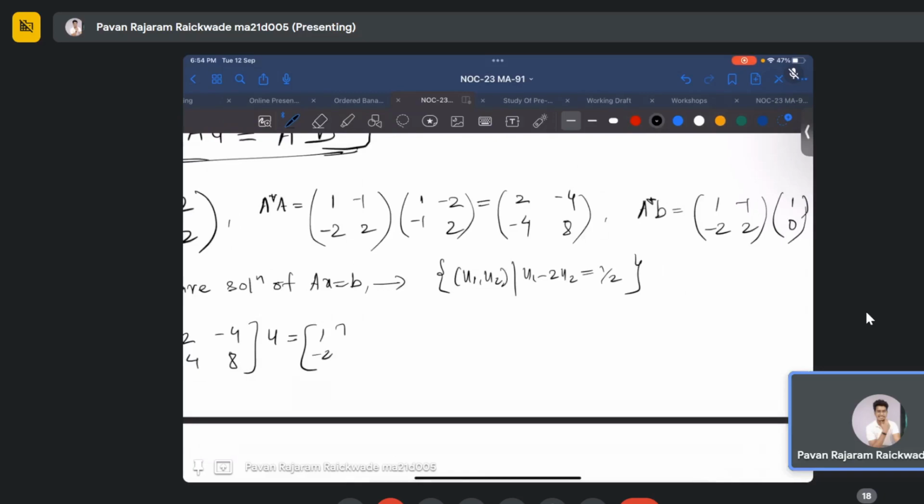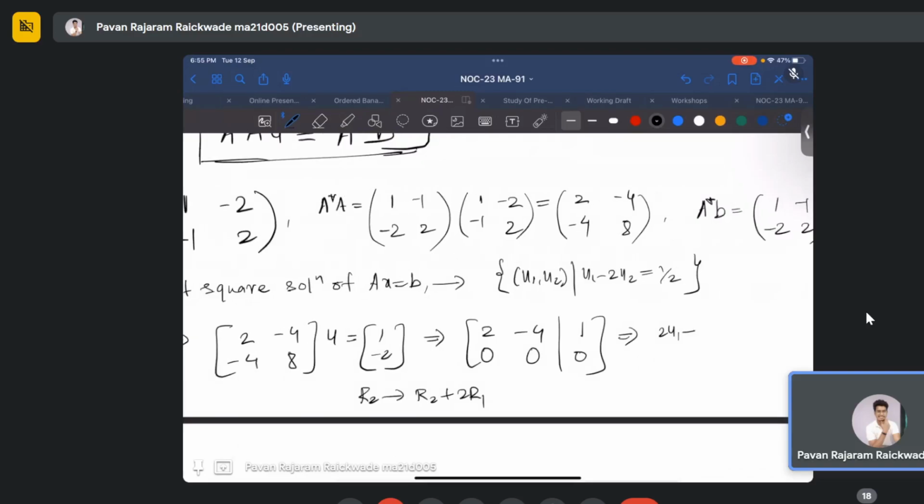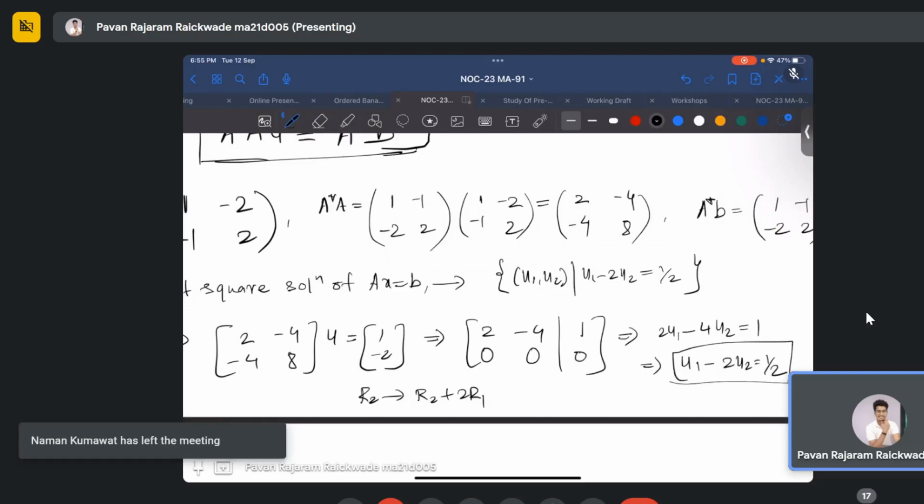If you want to solve this, I'll change R2 to R2 plus 2 times R1. I'll get minus 4 plus 4 is 0, 8 plus 8 is 0, minus 2 plus 2 is 0, which implies 2u1 minus 4u2 is 1. This is u1 minus 2u2 equals to half. See, the sets are the same.